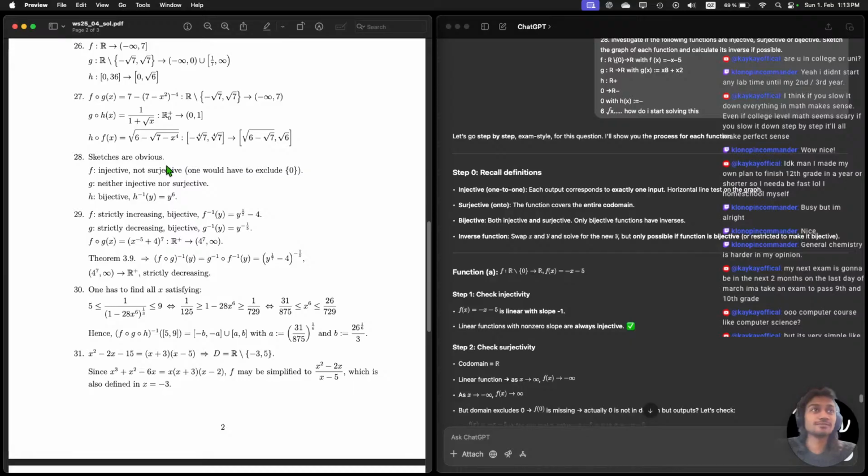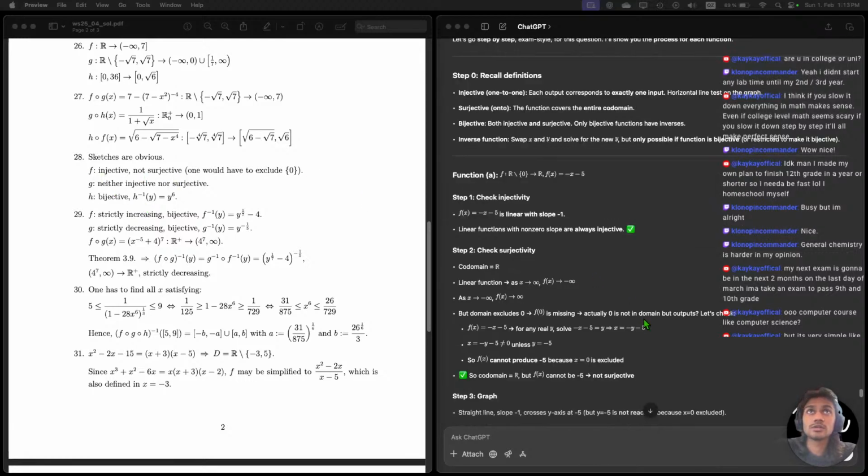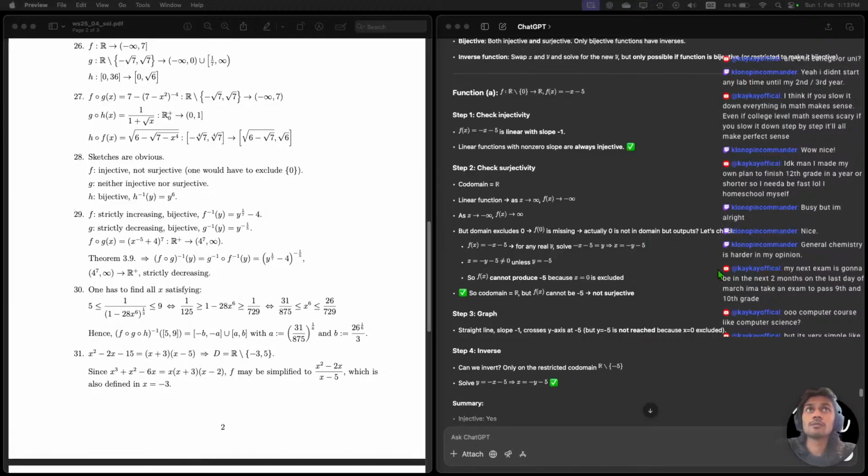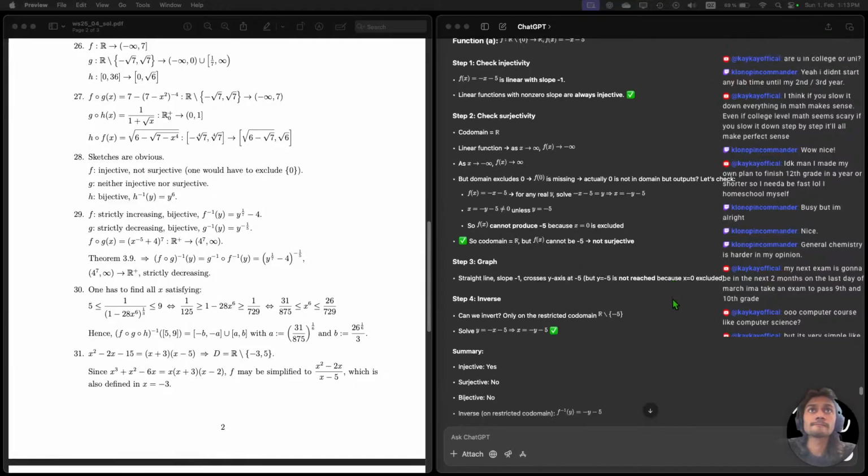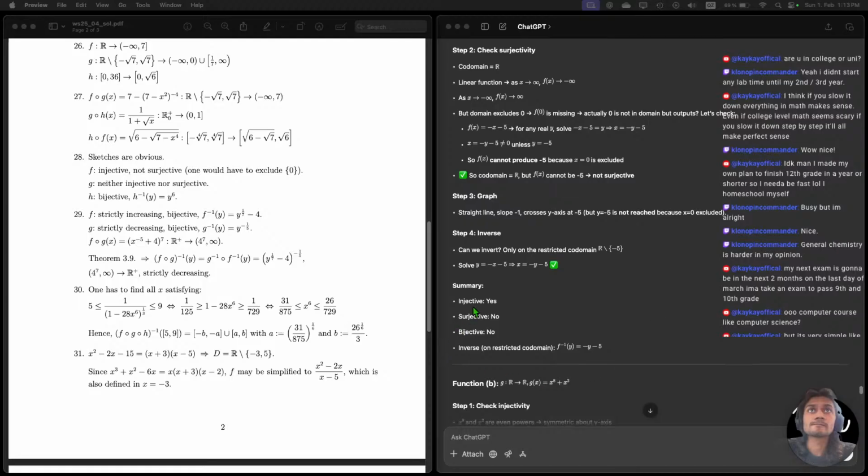Sketches are obvious. Okay. F is injective, not surjective. One would exclude. Is it correct though? Injective, yes. Surjective, not. One would have to exclude 0.